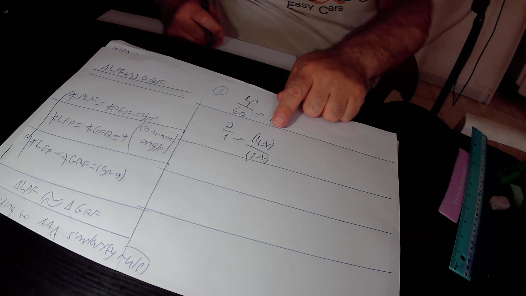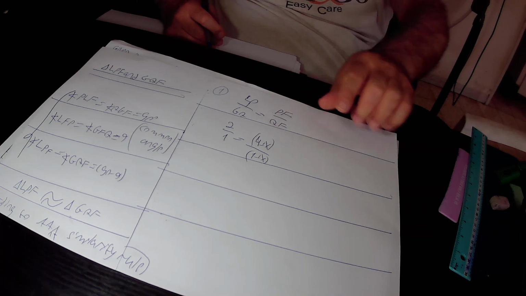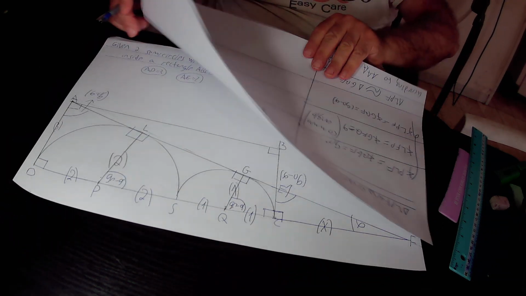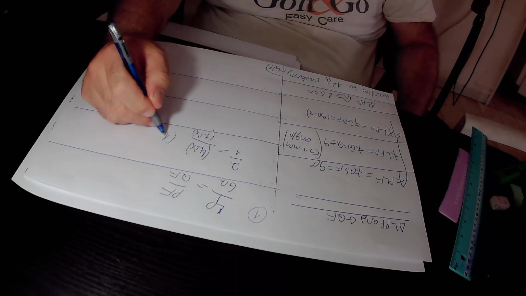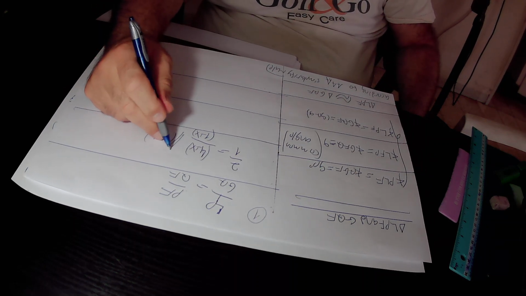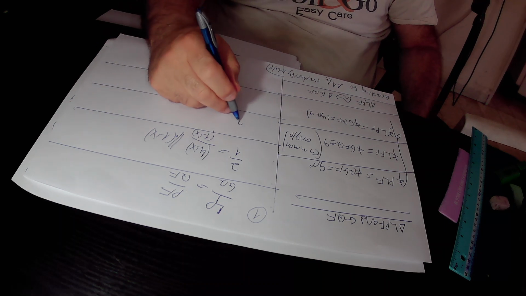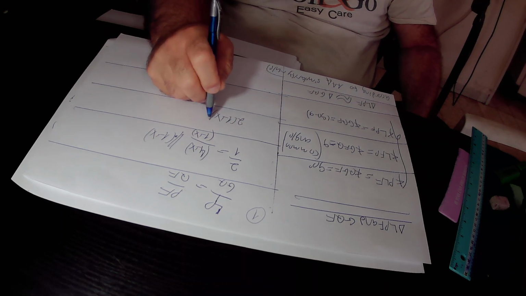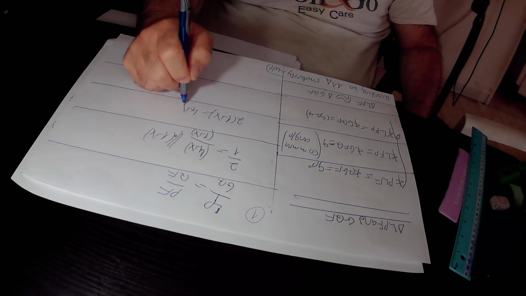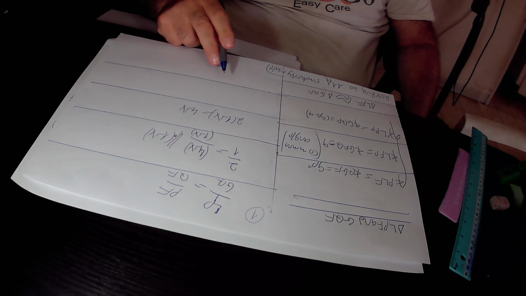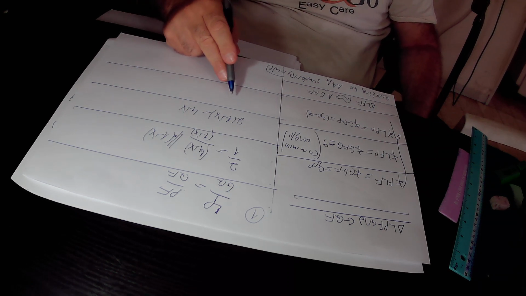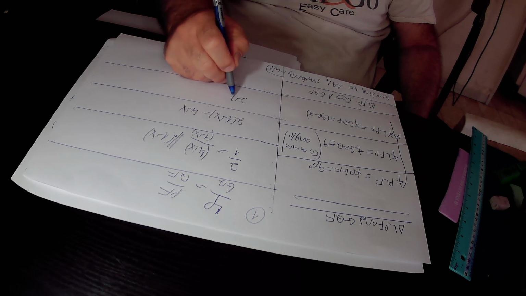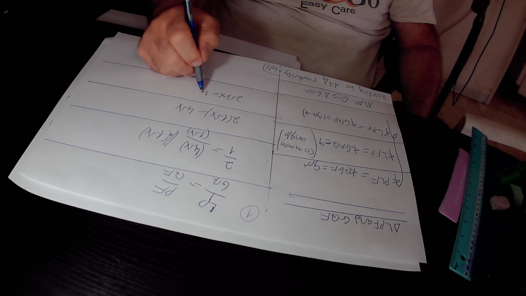Here we multiply this equation by 1 plus x, and we get that 2 times 1 plus x equals 4 plus x. So here we'll open the brackets on this side of the equation and we get that 2 times 1 is 2, plus 2x equals 4 plus x.